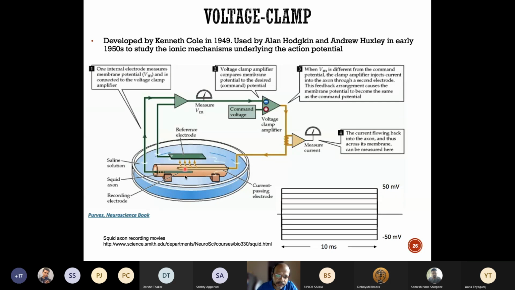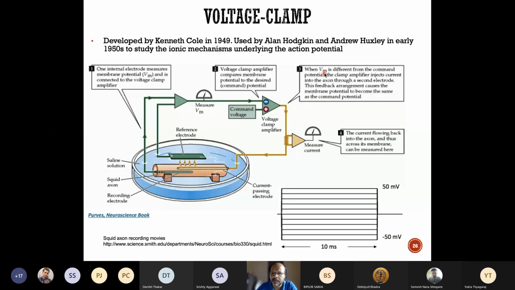So this is the reference electrode outside. This is the voltage inside. This is my VM. And I compare it to the command voltage that I am choosing. So the voltage clamp amplifier compares the membrane potential to the desired command potential. And this device is cool. Whenever the measurement voltage is different from the command voltage, it sends some current.